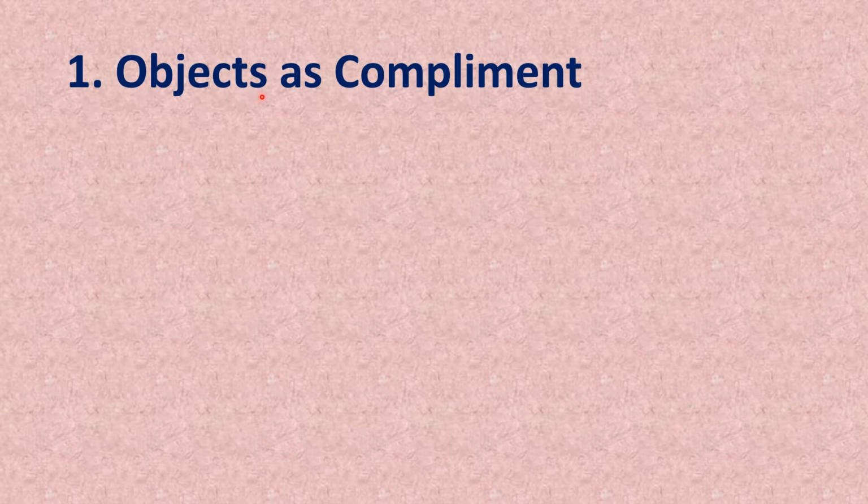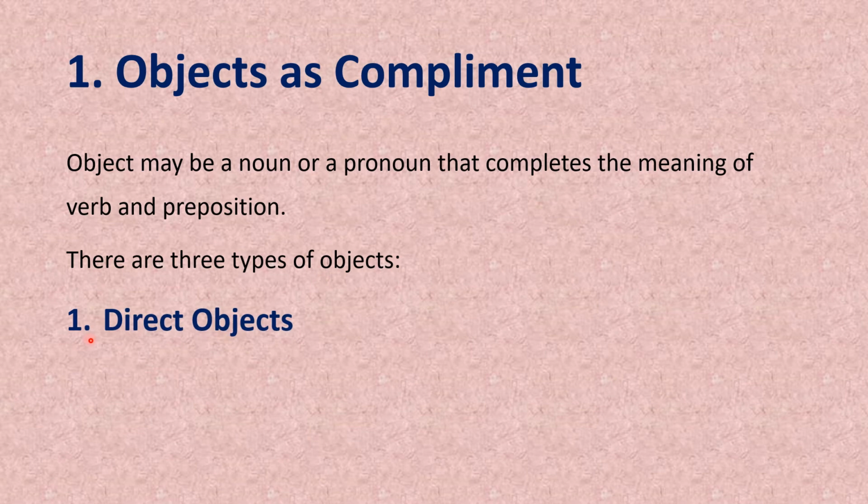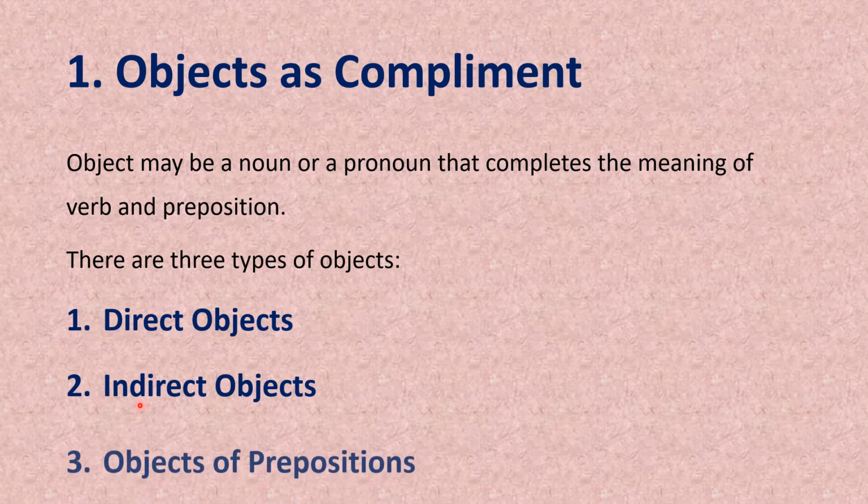Let's talk about objects as complement. Object may be a noun or a pronoun that completes the meaning of verb and preposition. There are 3 types of objects: direct objects, indirect objects, and objects of preposition.